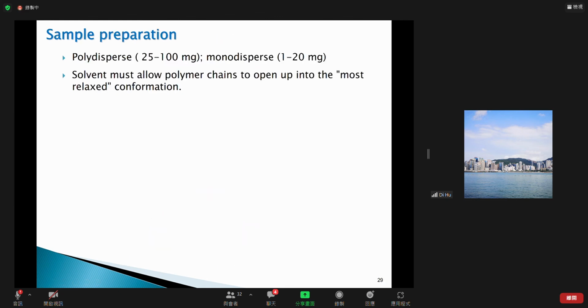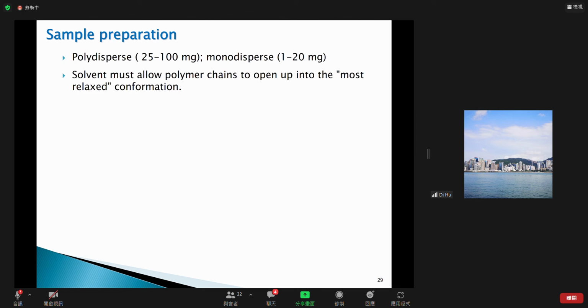A very critical part is also preparing the sample, because this part can be the rate-determining step. Typically you handle macromolecules, polymers, you make them dissolve, and it's a bit challenging. For the polydispersed one, normally you have to weigh 25 to 100 milligrams.